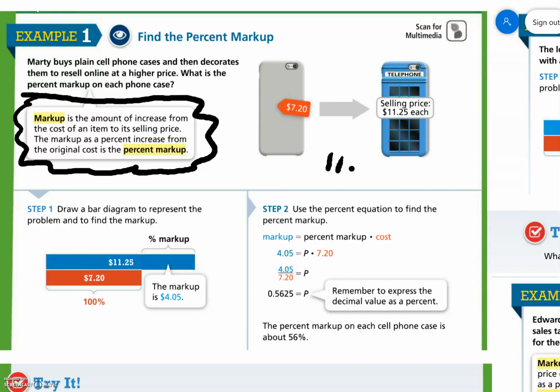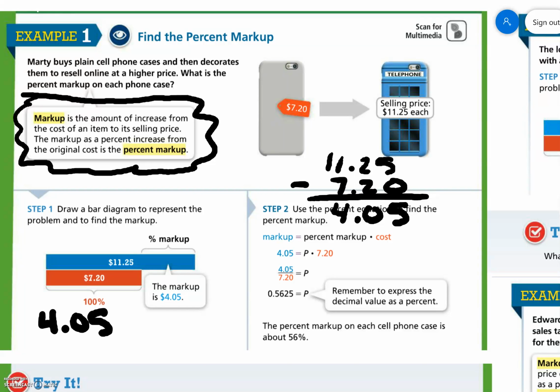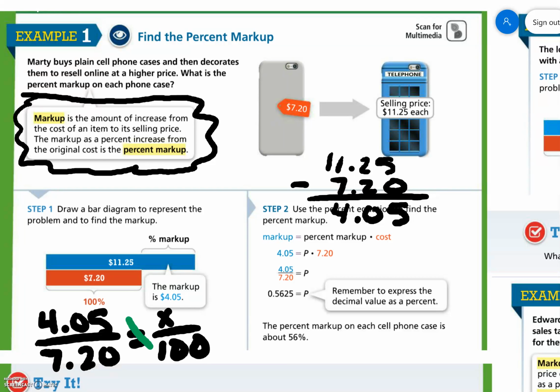So we're going to do 11.25 minus 7.20. That gives us 4.05. So that's our part. Our whole is the original price. So that's 7.20. We don't know what the percent is, but we know it's over 100.